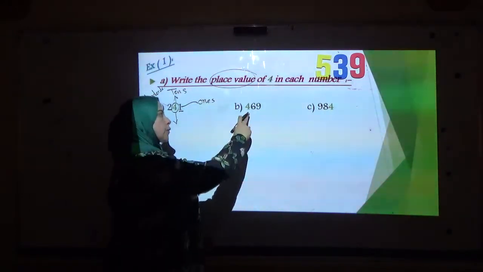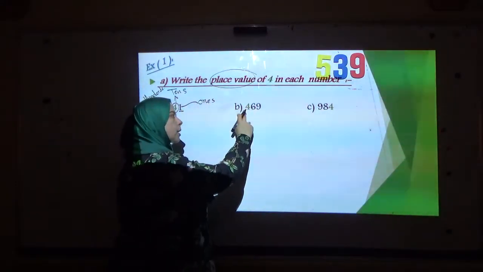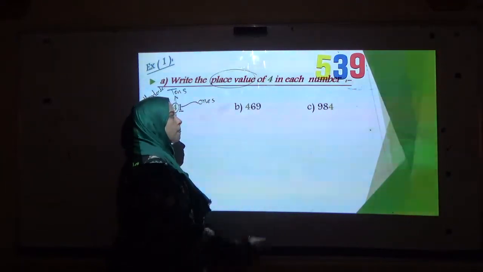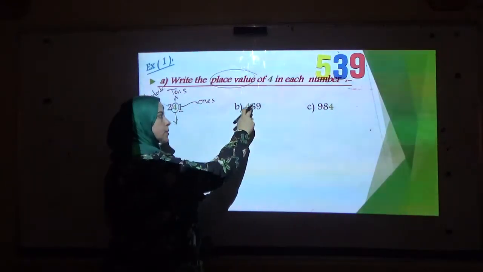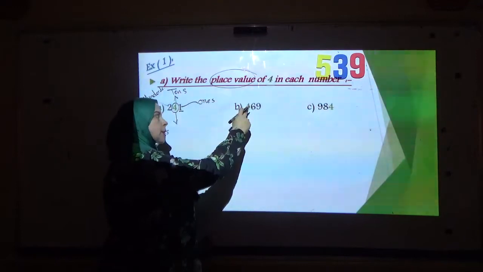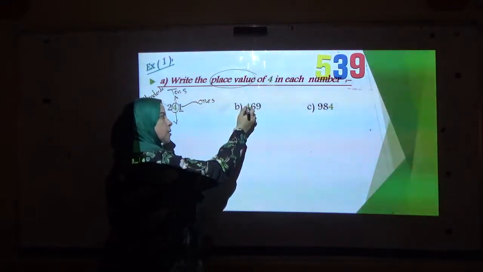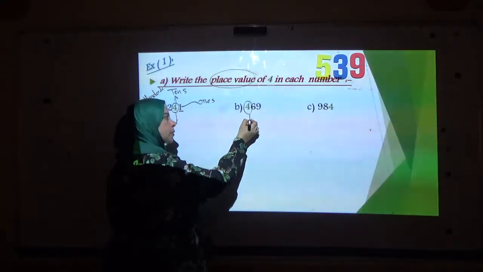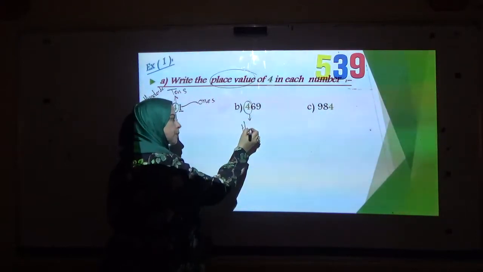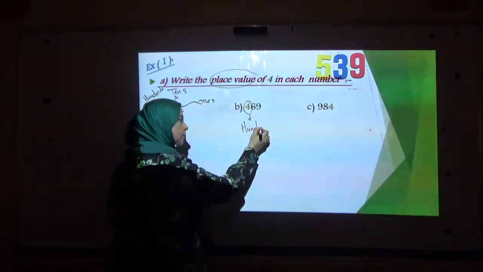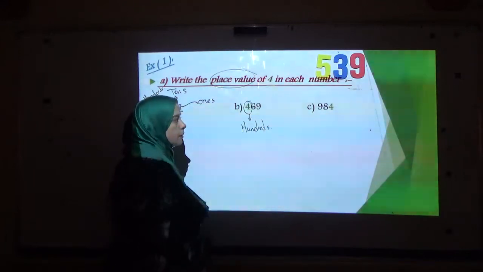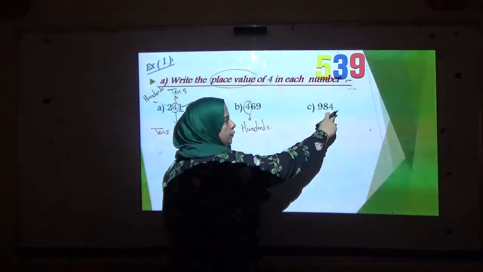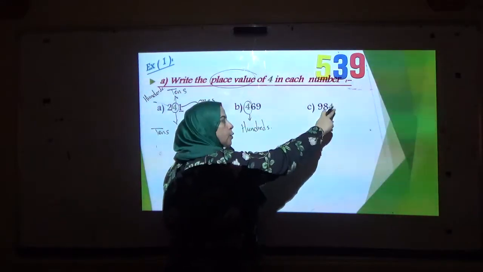Letter B. 469. 9 is ones, next tens, next hundreds. So the place value of 4 is hundreds. Letter C. 984.